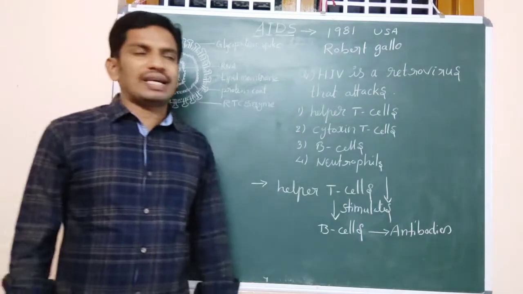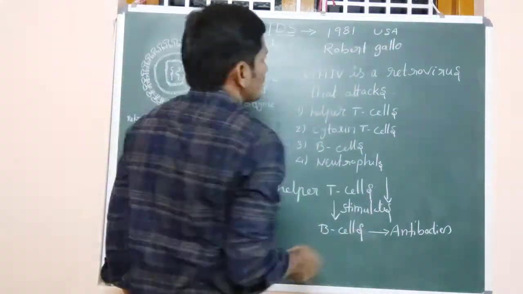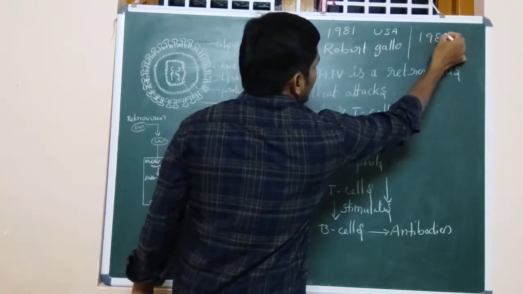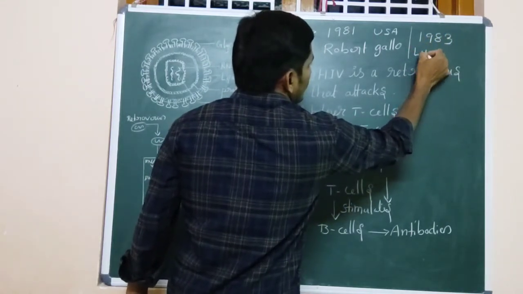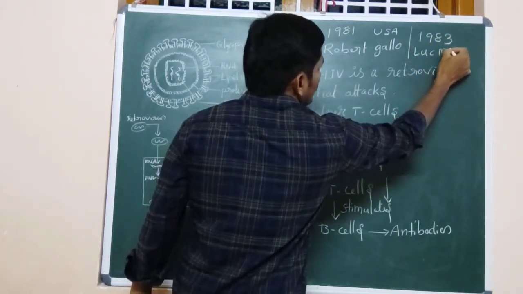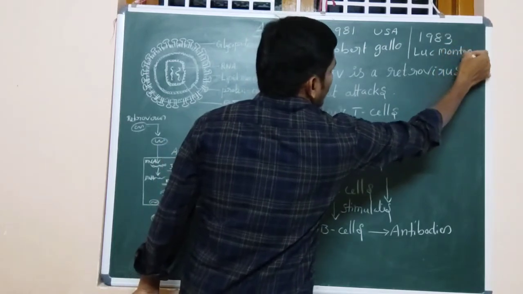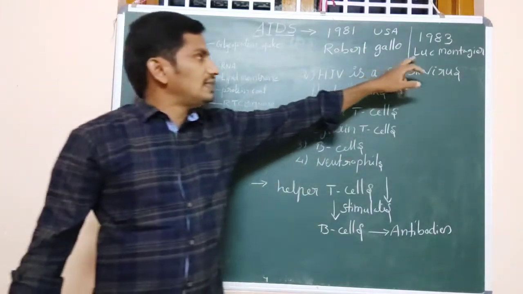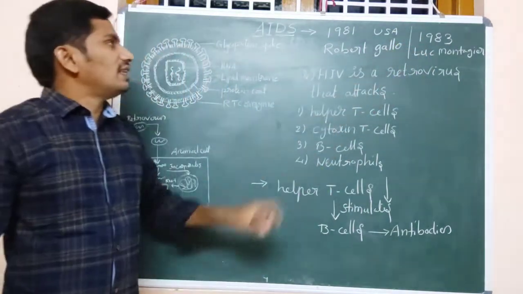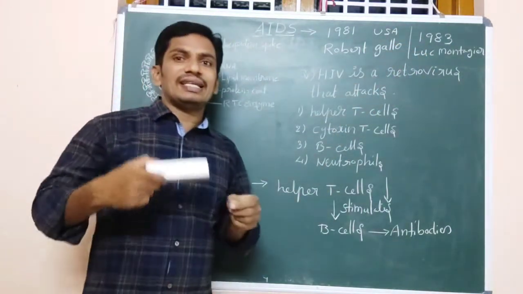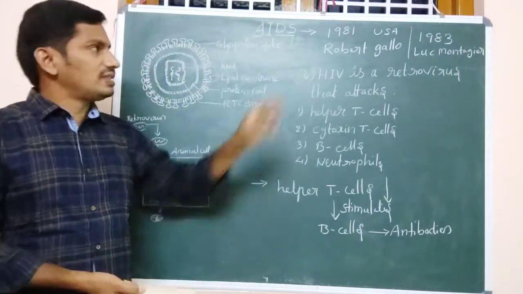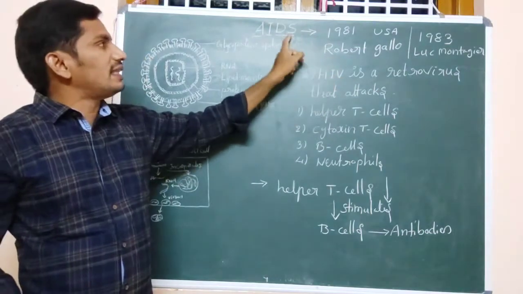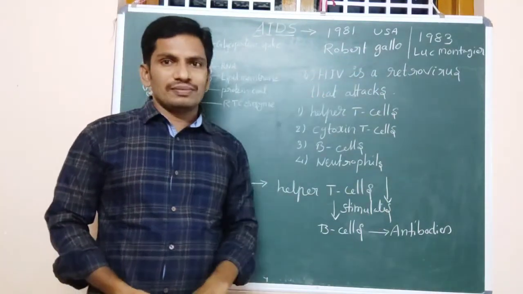Later, in 1983, Luc Montagnier identified the first AIDS virus. So the AIDS disease was identified by Robert Gallo, and the first AIDS virus was identified by Luc Montagnier.